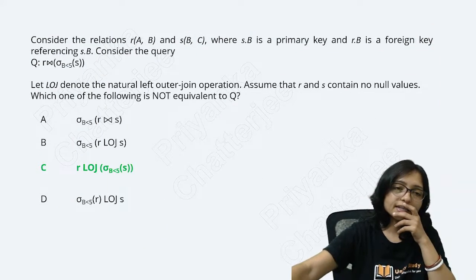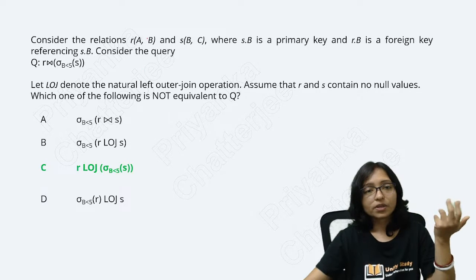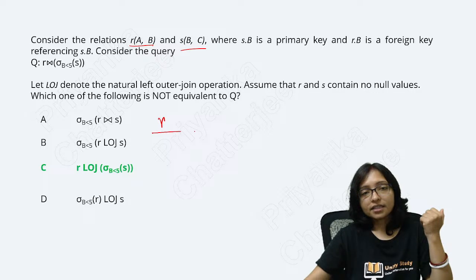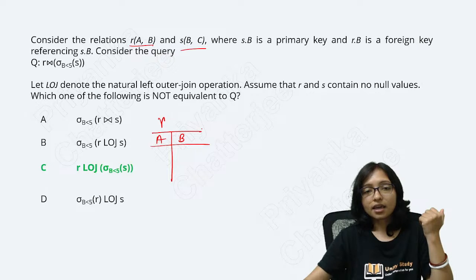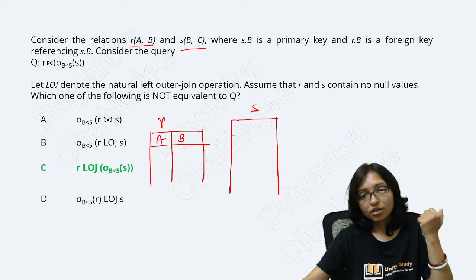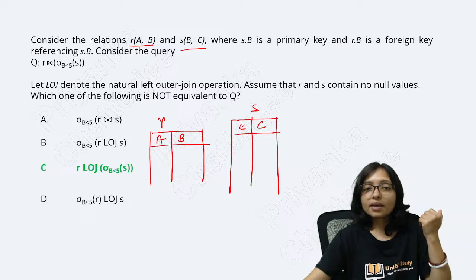So here is the answer. Why is this the answer? This question also you can understand with an example. Here R is a table. In this table there are two attributes, A and B. S is a table. In S there are two attributes, B and C. Now here the primary key is given.